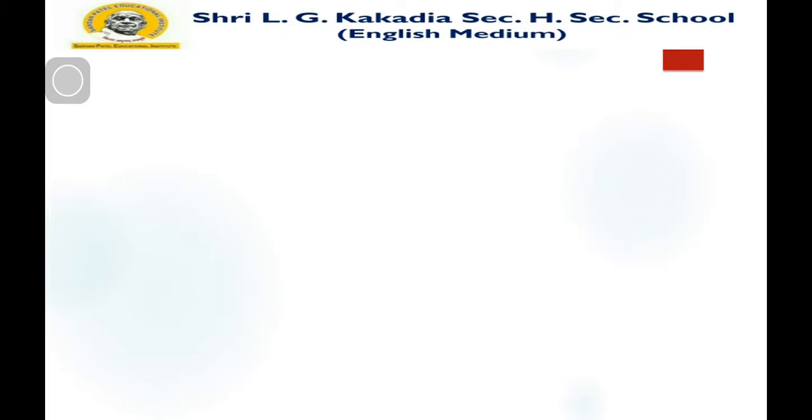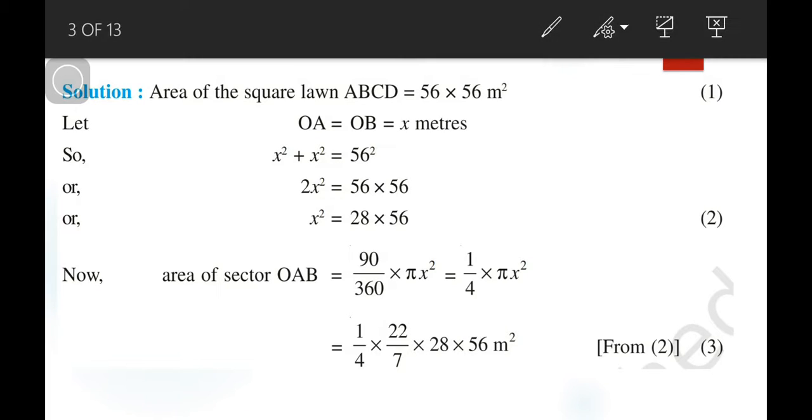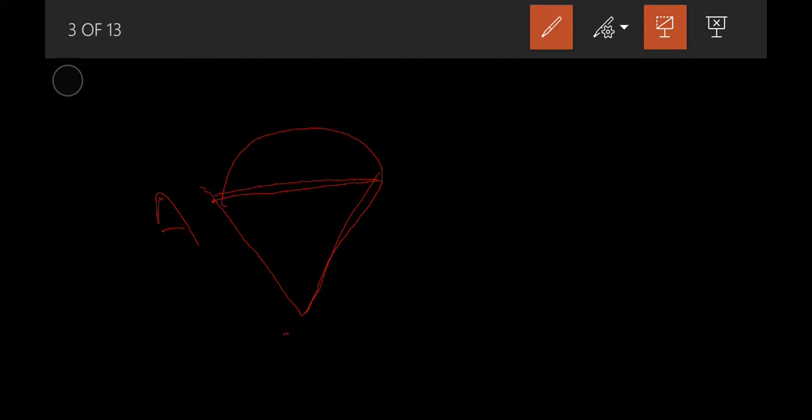For that, the solution is given by first, from the figure, we want to find AO and OB, with the angle being 90 degrees.